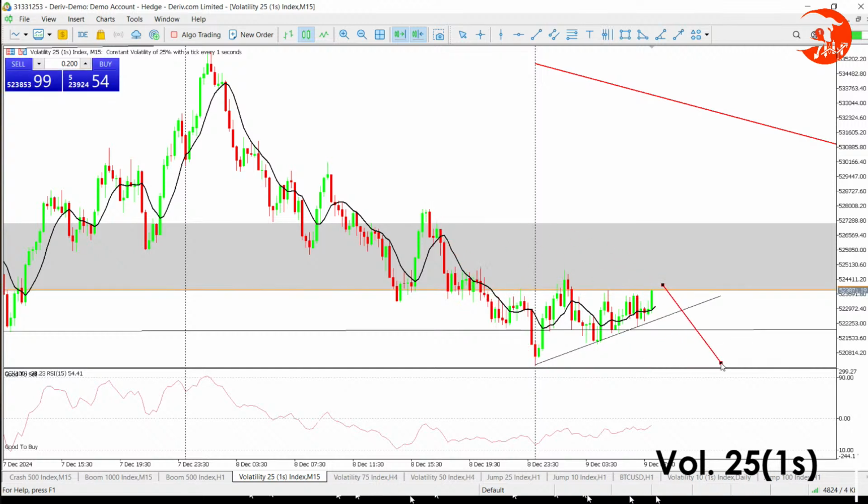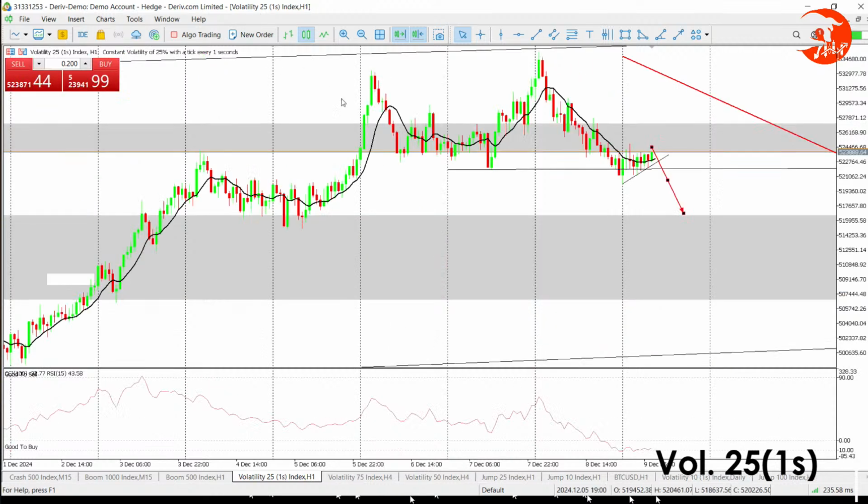So we'll be anticipating that short sell to give you a breakout right there. Once it gives you a breakout, you'll know that is a change of character and the sells have started. But until that happens, we are still looking for buys as far as the trend is concerned.